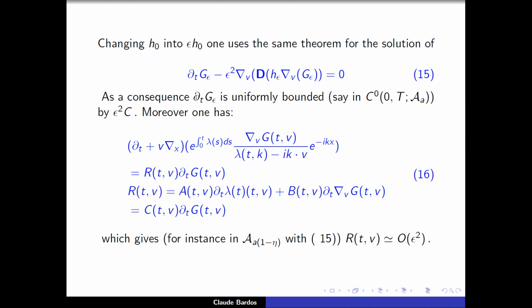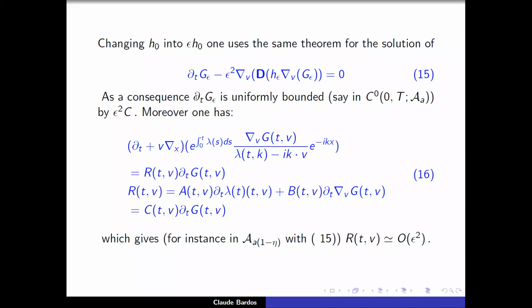So I can write this equation with a reminder, and the reminder is d of tv that multiply the derivative with respect to time of G, which means that it's a C of T of V dt of V. Now, if I started from here as something which is of the order epsilon square, that will tell me that here I will have epsilon square, another epsilon square that will appear in the remainder.